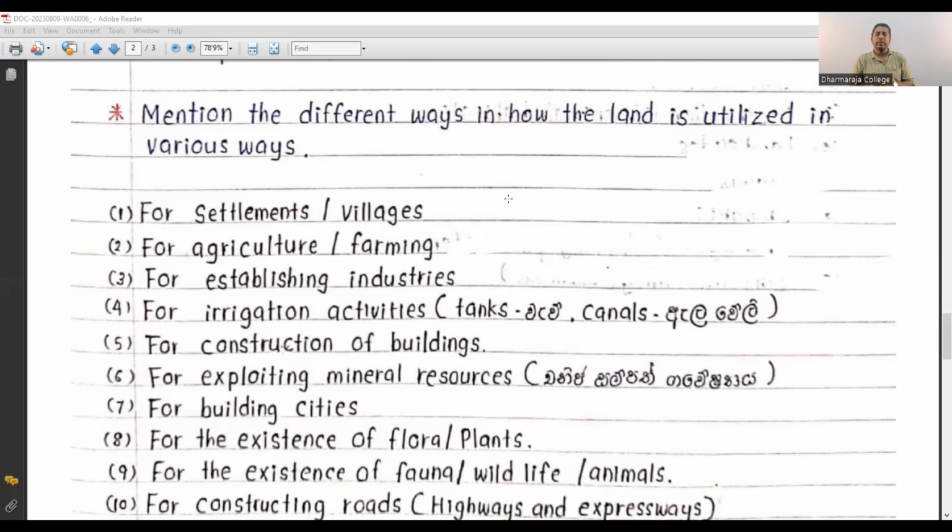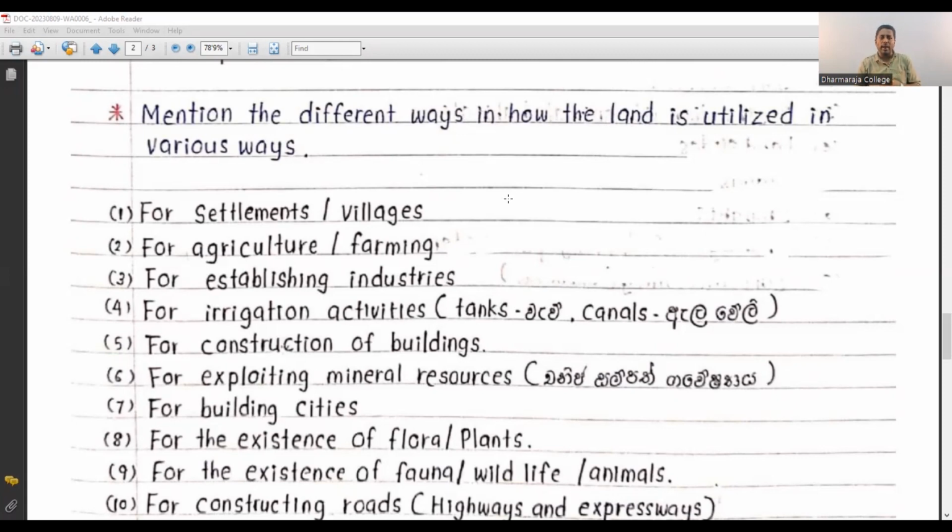Okay, my children, we were talking about the natural surroundings as well as the man-made surroundings very close to your home. You understood about them. Now I am going to talk about a very important part: the different ways of utilizing the land.